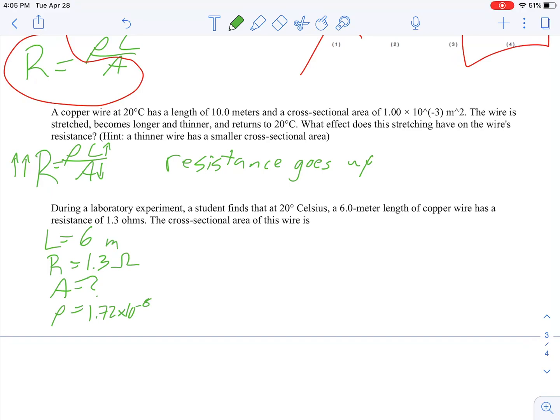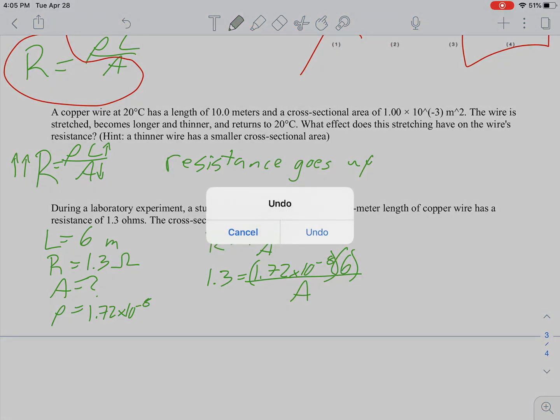All right. So working through this, R equals rho L over A. R is 1.3. I'll leave the units out for now. Rho is 1.72 times 10 to the negative 8. L is 6. And A is our unknown, right? So we're gonna have to rearrange stuff a little bit. Let me find my calculator real quick.